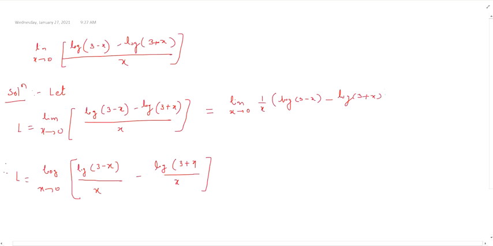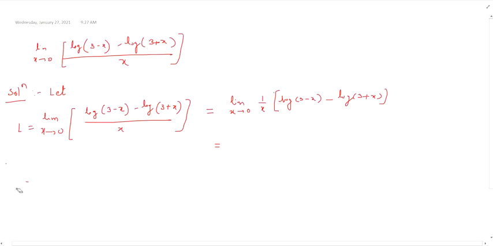For a while forget about this one, let us consider the new one. You can solve in any way, but see the different method. 1 by x, and by the law of logarithm, log m minus log n is equal to log of m by n, that is (3 minus x) by (3 plus x).